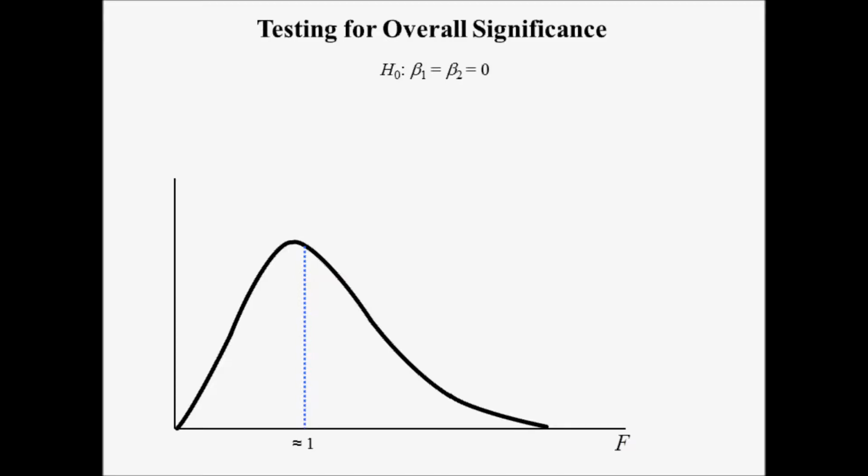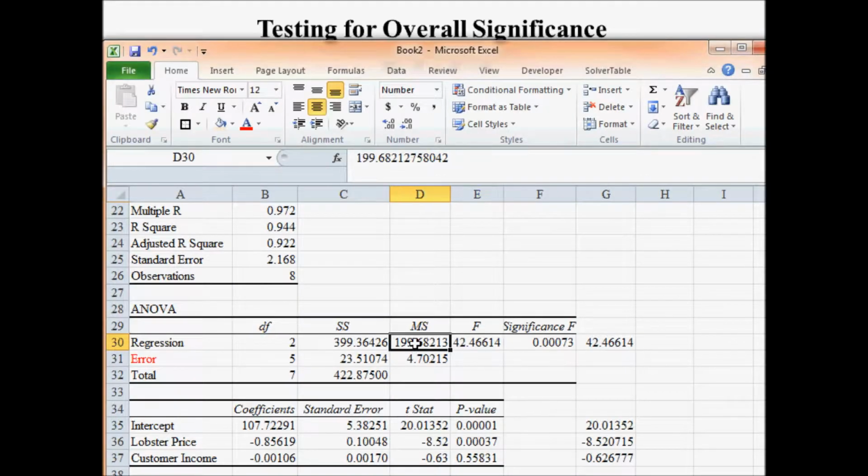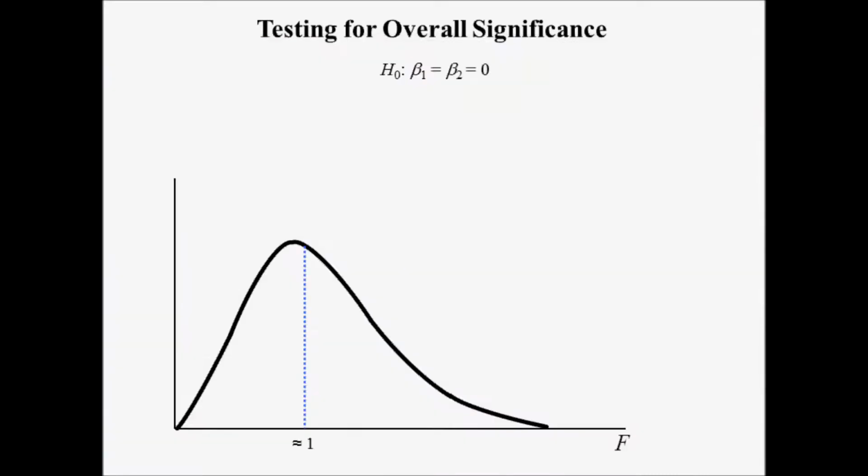That's equivalent to saying that this variance is bigger than that variance. So one way to state the alternative hypothesis for this model significance test is that the variance of y hat is larger than the variance of the residuals. That's equivalent to saying that the alternative hypothesis, beta 1 or beta 2, is not 0.